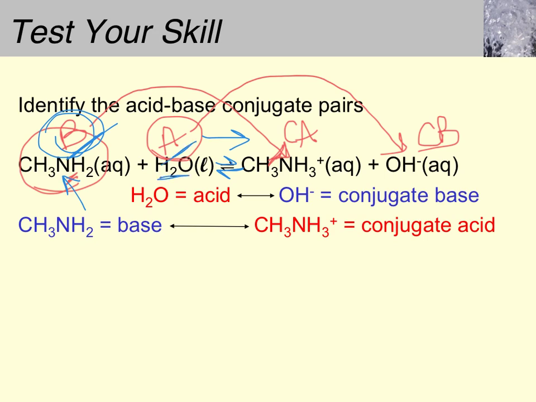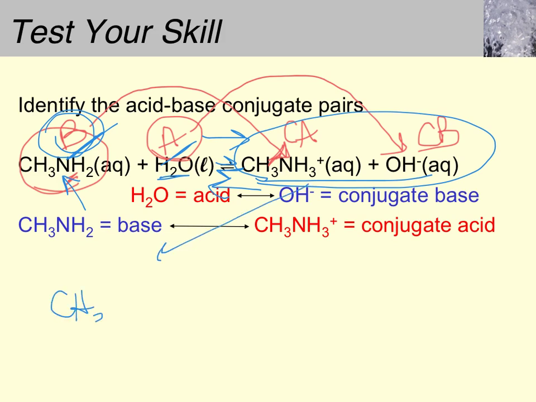I want you to look at the reverse reaction. I want you to look at the products acting as reactants. So I'm going to rewrite these products as reactants. This is what every reversible reaction does. The products become reactants, okay, to remake the original reactants.